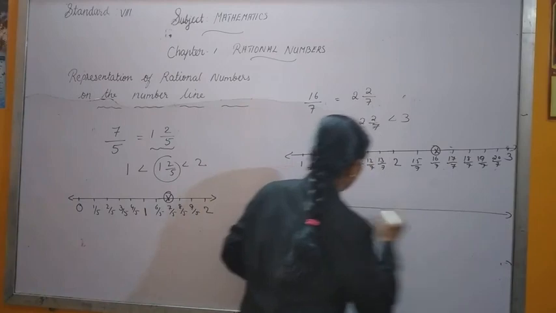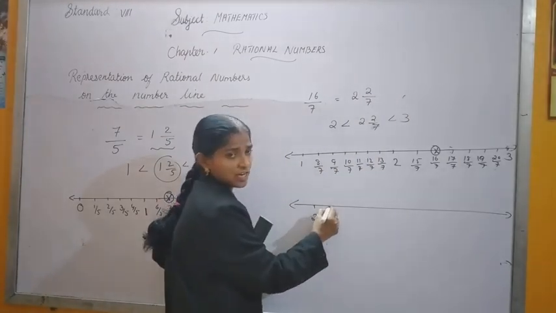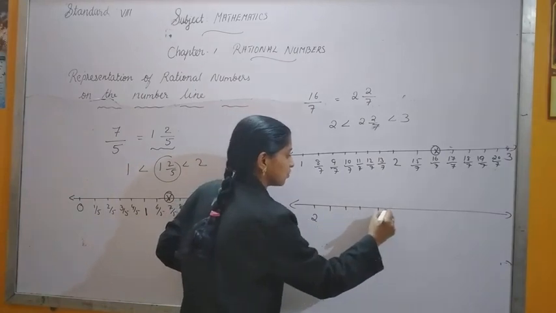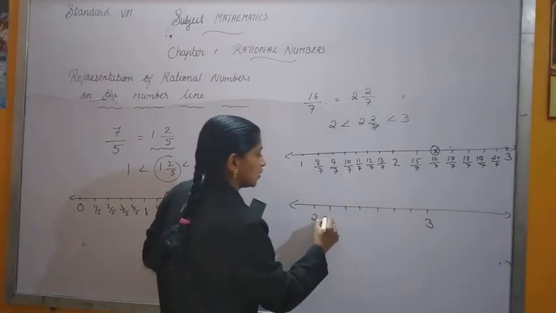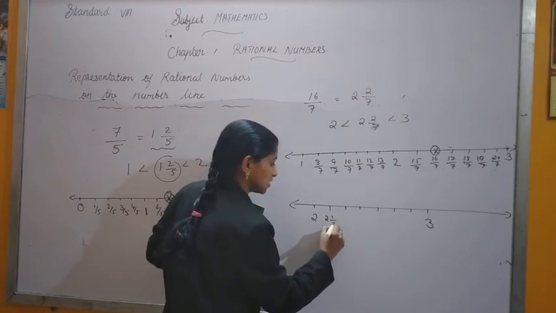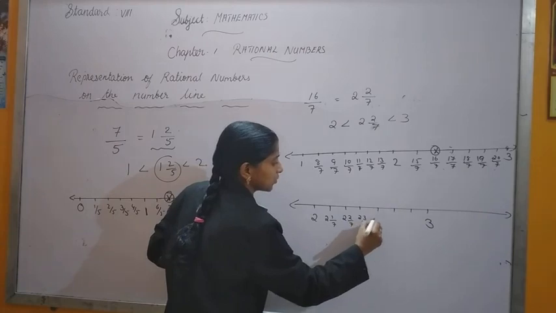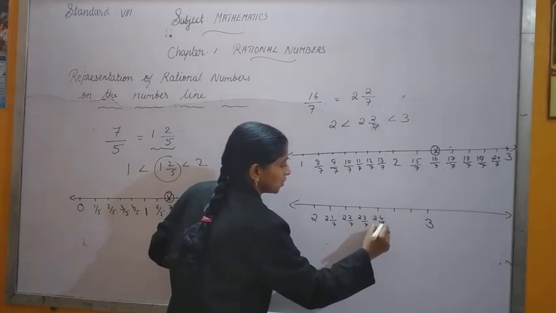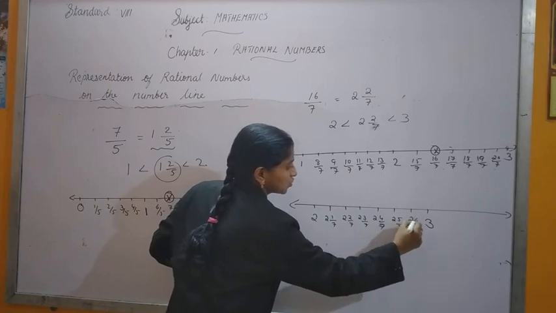For example, if you start from 2, then divide into 7 equal parts. 1, 2, 3, 4, 5, 6, 7. This becomes 3. You can mark like this: 2, 1 upon 7; 2, 2 upon 7; 2, 3 upon 7; 2, 4 upon 7; 2, 5 upon 7; 2, 6 upon 7.